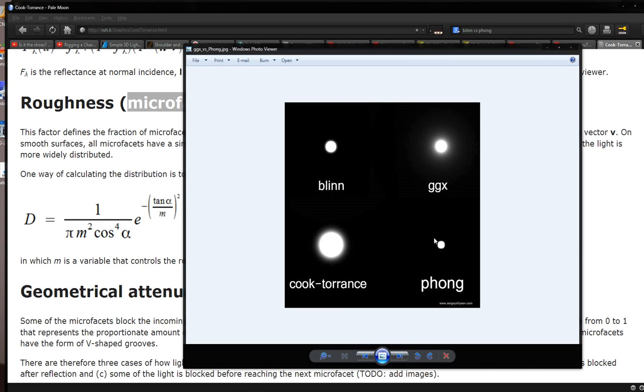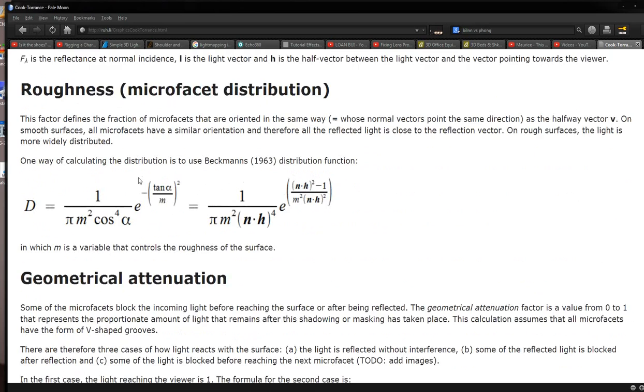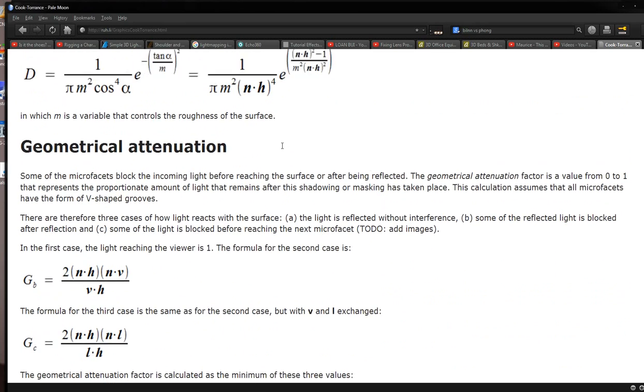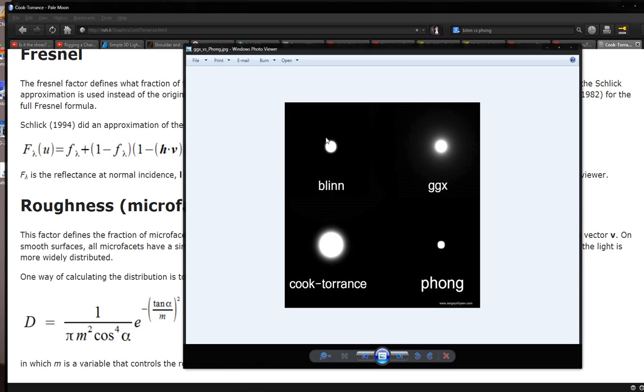They're a full lighting model, but they don't use Fresnel, and they don't use this geometric attenuation that we'll talk about in a second. The reason why we have the Fresnel and geometric attenuation is basically to create a lighting model that's actually physically accurate. If you don't have the Fresnel effect in there, you don't get one that conserves energy.